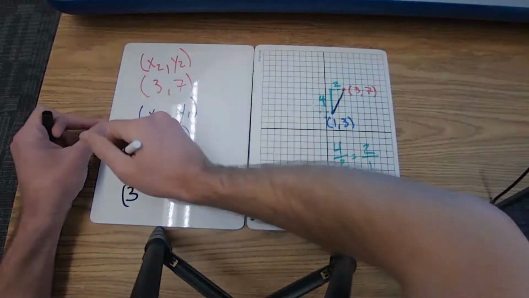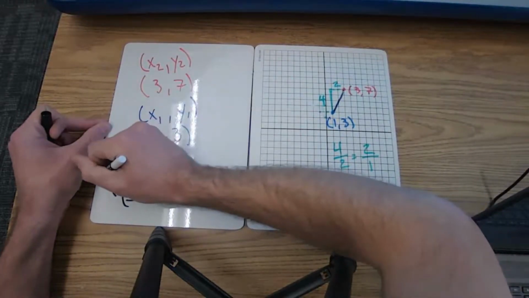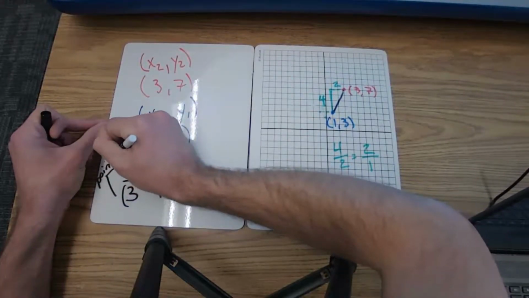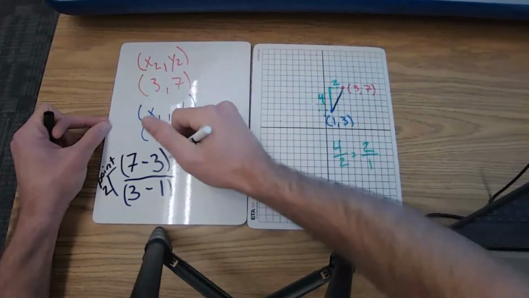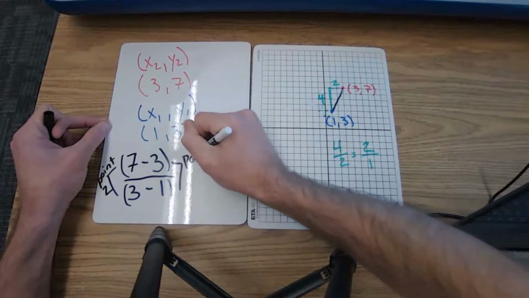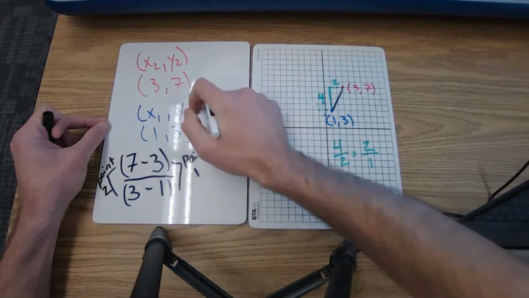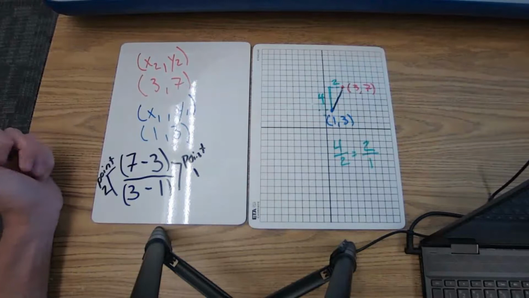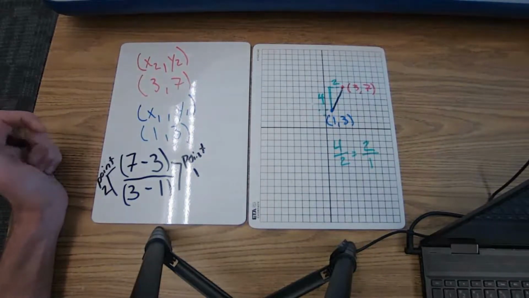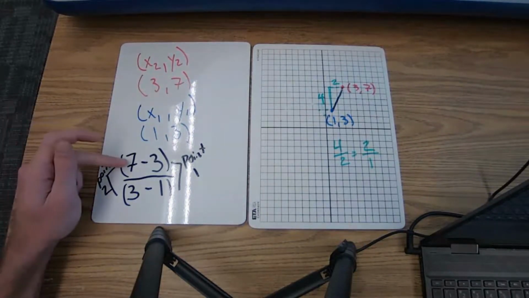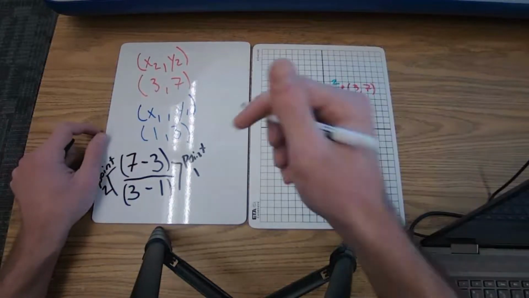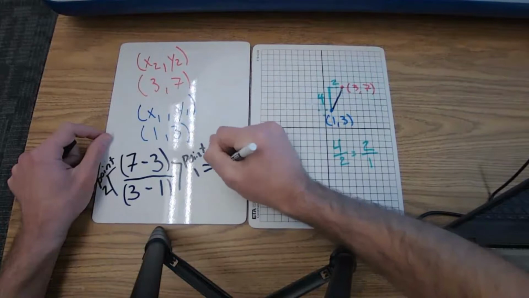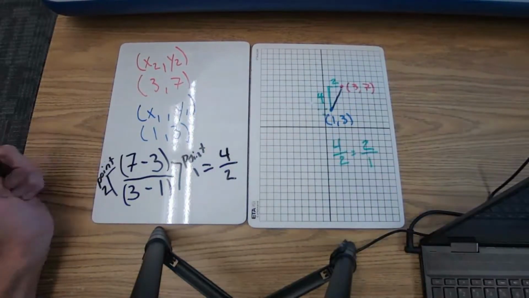Okay? So what you'll notice is this is point 2. These are both the numbers from my red point, and this is point 1. These are both my numbers from my blue point, okay? And it doesn't matter which one you pick to be your point 1 or point 2, as long as you put them on top of each other in the equation, okay? Once you do that, you'll see it's 4 over 2.